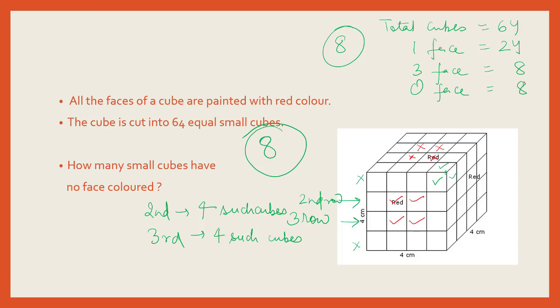So for 2 faces visible, we can quickly subtract, and on subtraction we find 24. So we can say there would be 24 small cubes for which 2 faces are colored or 2 faces are visible. I'll also point that out on the figure.